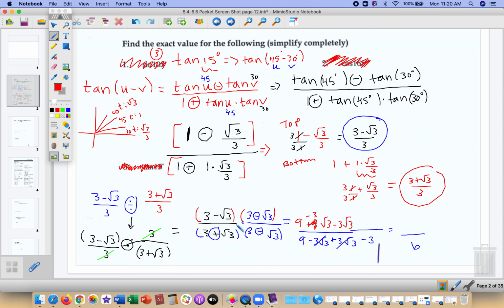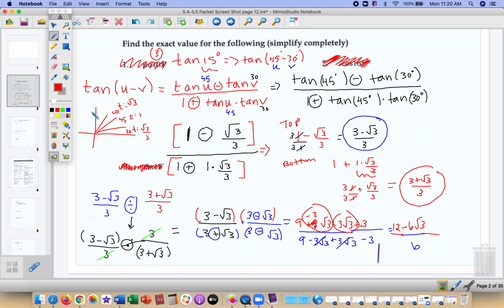And negative root 3 times negative root 3 is positive 3. So up top we can combine like terms. Negative root 3 and negative root 3 is negative 6 root 3. Plus, we can combine our 9 and 3, that makes 12. So 9 plus 3 got us 12.